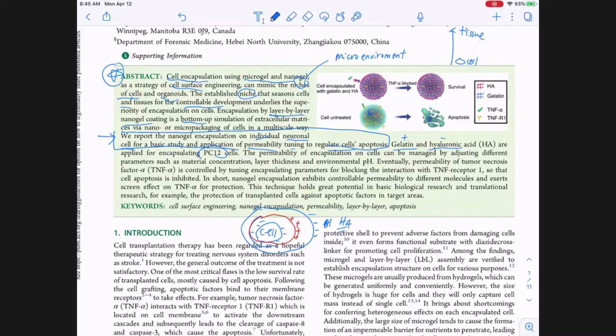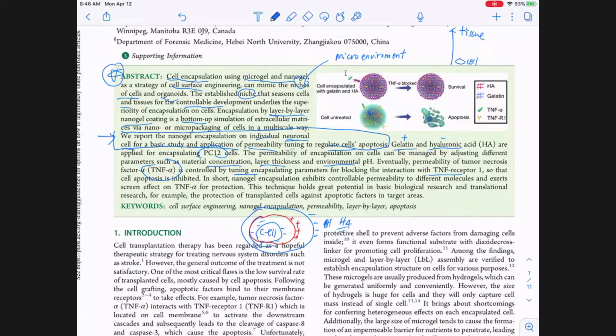The PC12 cell is a neuronal cell. We can tune the permeability by, for example, the concentration, layer thickness and pH value. So we know the permeability, and we evaluate TNF alpha, a kind of regulator, by tuning encapsulating parameters for blocking interaction with TNF receptor 1.